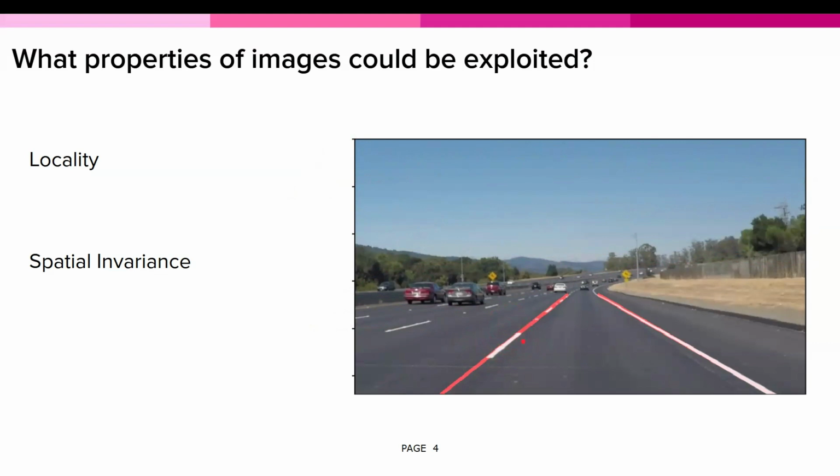That's a natural approach, but the assumption that you've implicitly made is that whatever method used to recognize the lane marker shouldn't be overly concerned with the precise location of the object in the image. This leads us to another fundamental property that you would want your computer vision system to have, which is spatial invariance.